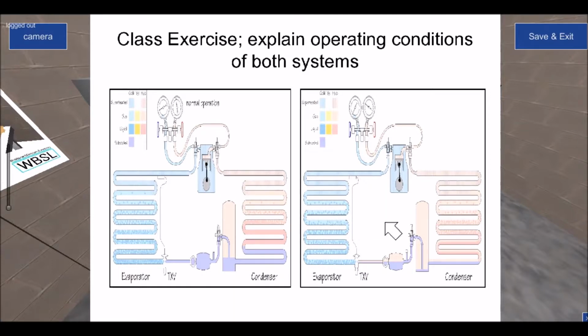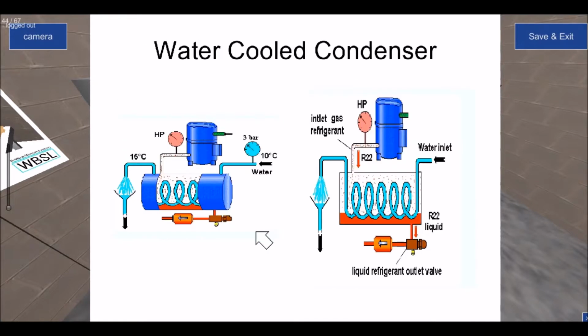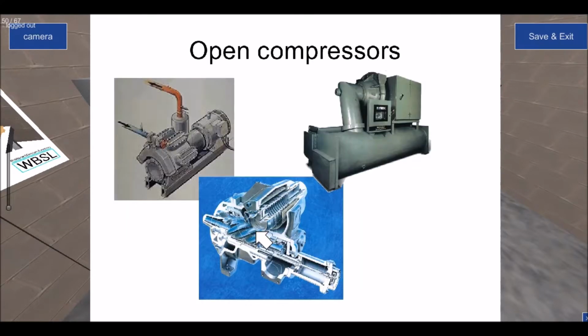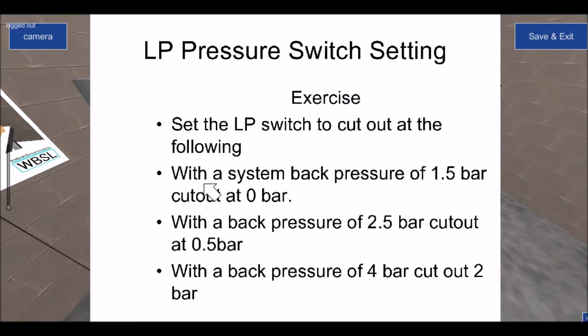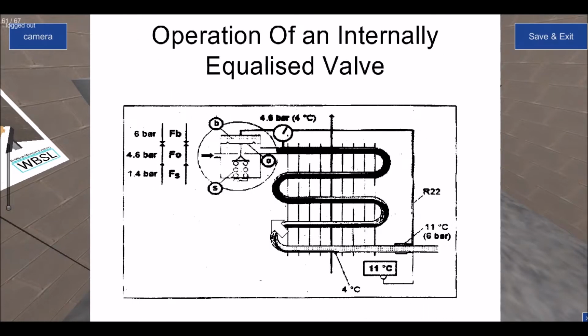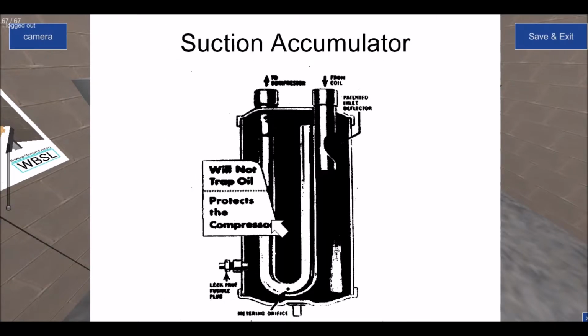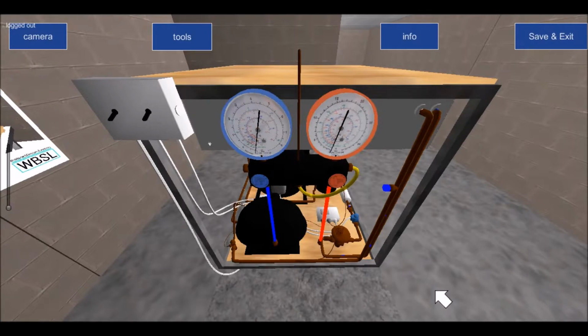You have to look at the two pictures and come up with an explanation as to what you think the problem is. But I'll help you with that a little bit more. I think there's one more exercise in this slide about setting the pressure switch, and then in the handout that you're going to get, there's another exercise which is a fault finding exercise, and it doesn't show up on the slides.